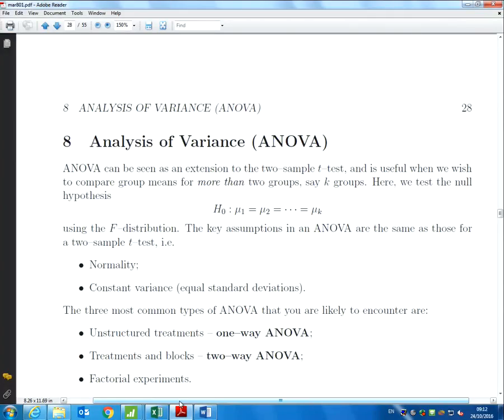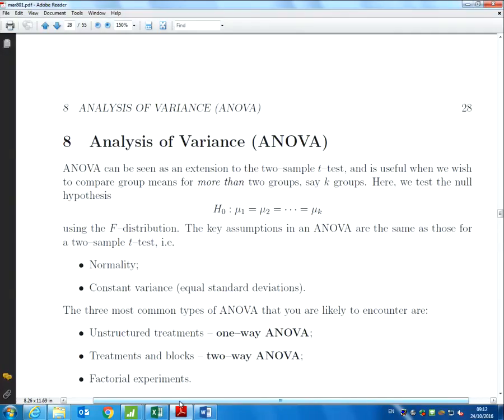Because there's that relationship between t-tests, hypothesis testing and ANOVA, we're going to go back to t-tests. We're going to think about the ones that you covered. What did you cover last week? What kinds of t-test? There's the one sample t-test, there's the two sample t-test, and there's the paired t-test.